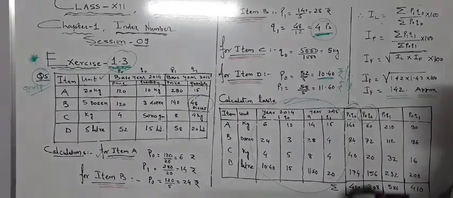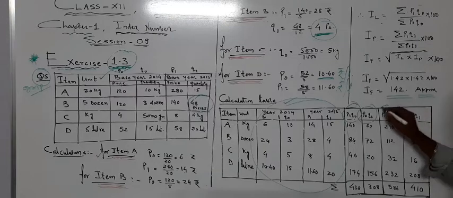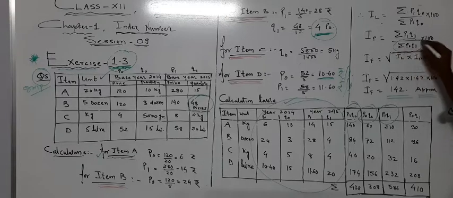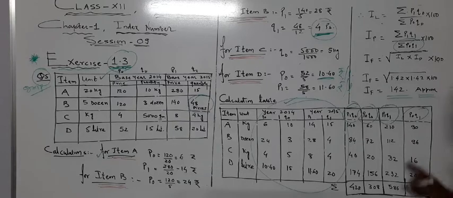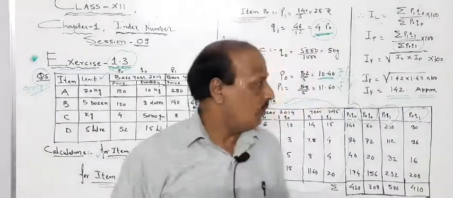Then find the IP. Now what is the formula for IP? Sigma P1 Q1 divided by sigma P0 Q1. So multiply these two columns and then you will get the summation of this. Put it here. So IP you will get.